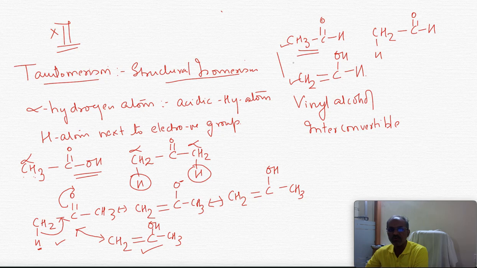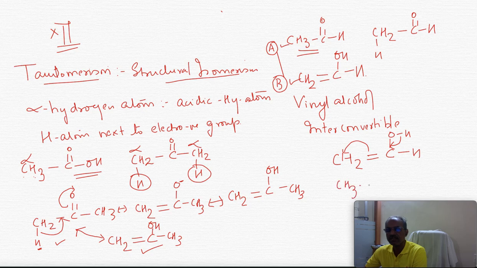Interconvertible means one form can be converted to the other form, and the other can be converted back to the first form. Suppose this is B and this is A. We can write it like that, and it can form like that, and then it will become again CH3 C double bond O H. Again the same thing, it is A, acetaldehyde.